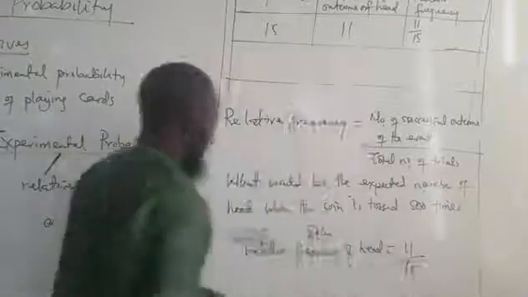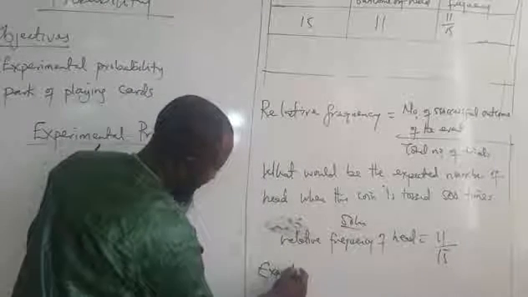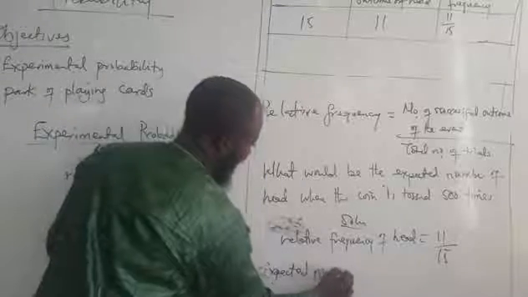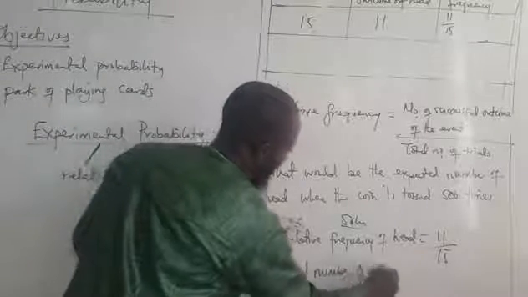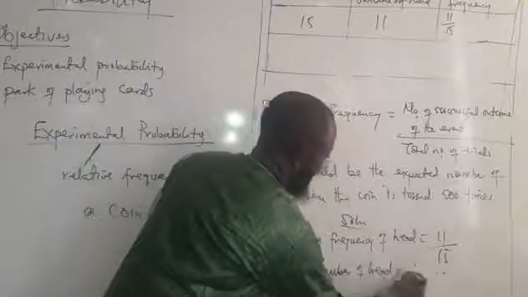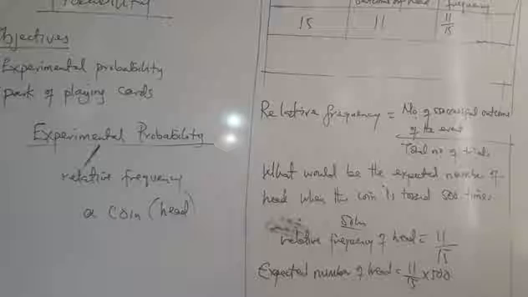Am I with you? Now, the expected number of eggs in these 500 times will be 11 over 15 multiplied by 500. I hope I'm making sense.